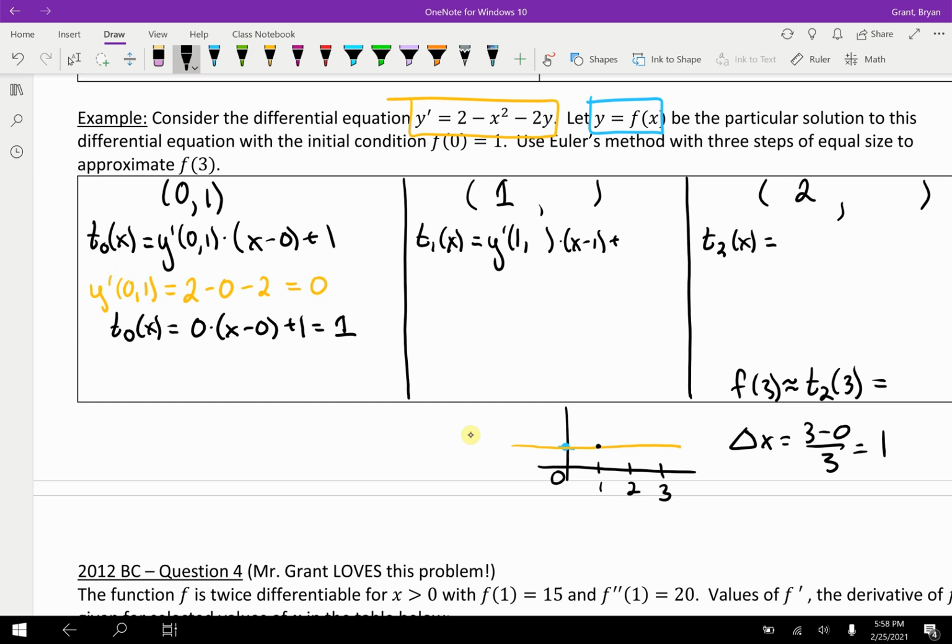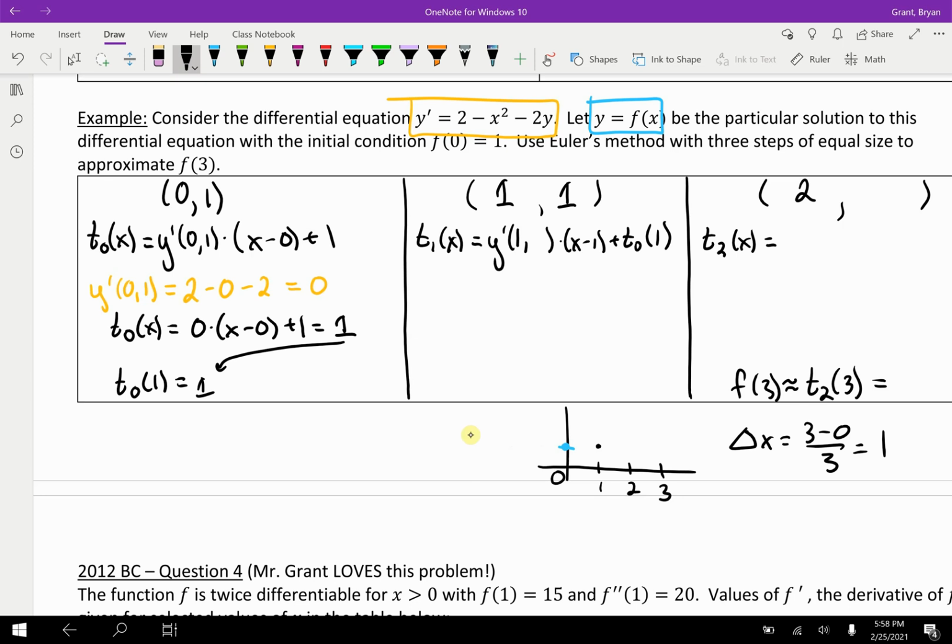Well, how do we find the output? The output is found by using the previous tangent line. It's the output of the yellow line that's there. So it's going to be t sub 0 of 1. All right, so I guess we should probably use this tangent line over here, shouldn't we? Let's find t sub 0 of 1. I think the output is always 1, so that's easy. This is the point 1, 1.